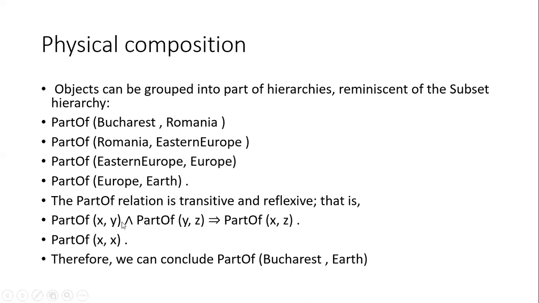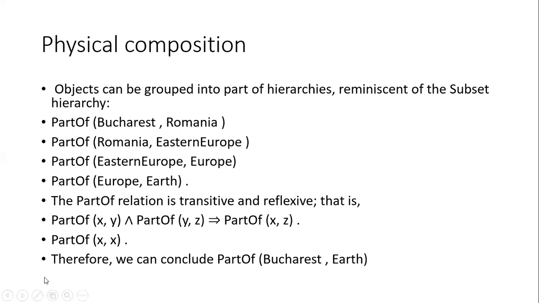The PartOf relation is transitive and reflexive. The transitive property is, for example, if I say PartOf(Bucharest, Romania) and PartOf(Romania, Eastern Europe), that means Bucharest is also part of Eastern Europe.